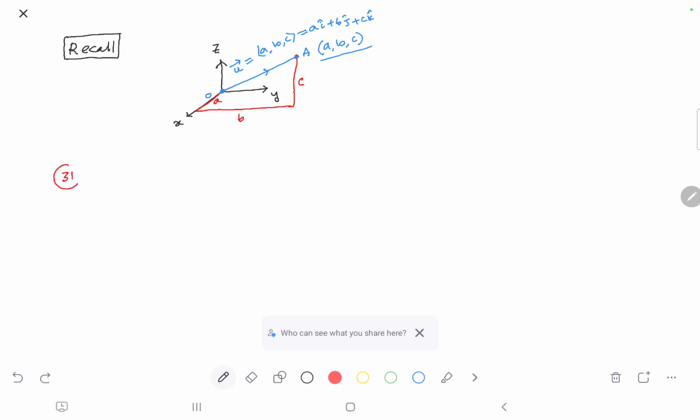Exercise 31. Yeah. One second. Yes, I'm writing the exercise here. You just tell me. Okay. Yes, please.